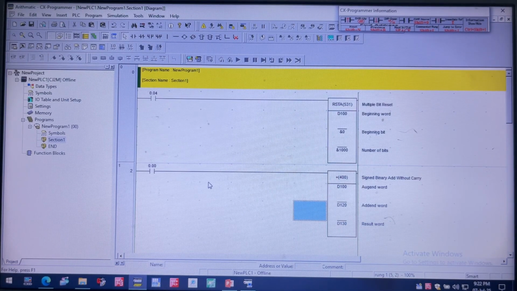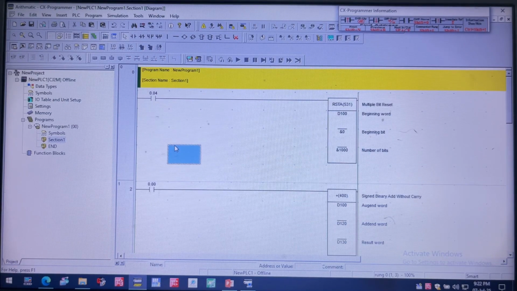So we will practice online through the software simulation.